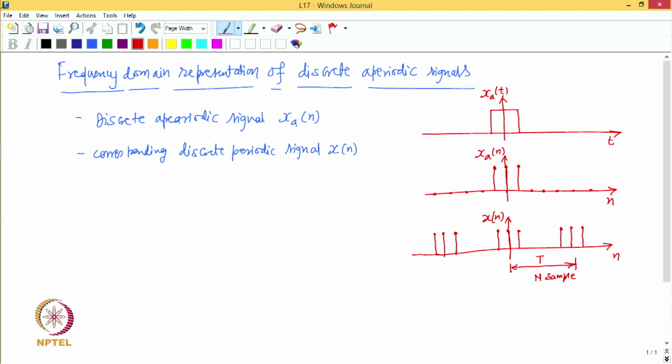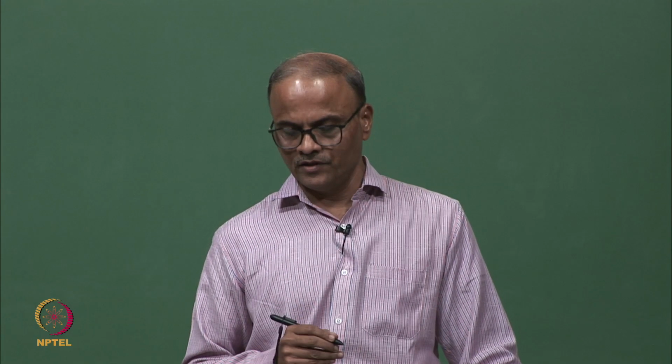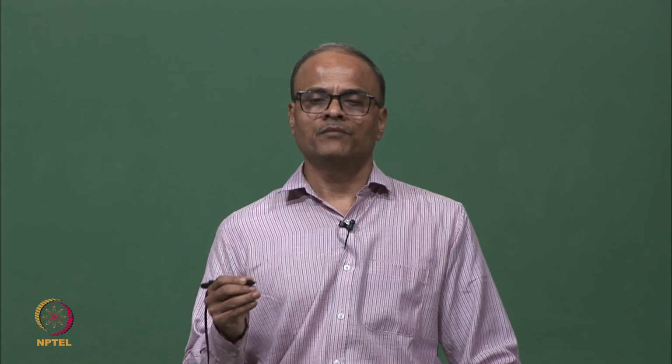Now if we increase this time period T gradually and make it tend to infinity, then what is going to happen? The number of samples also would tend to infinity, because the sampling frequency is the same, and then in the limit this x n, the discrete periodic signal, will become the discrete aperiodic signal x a n.